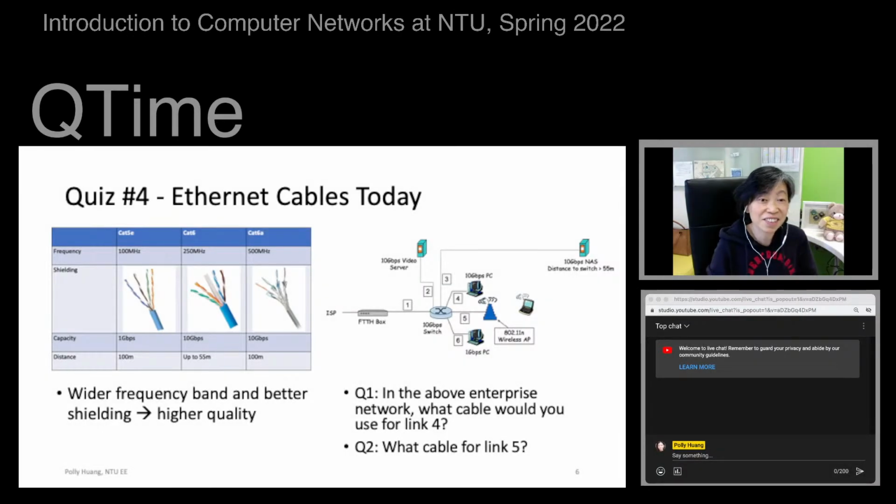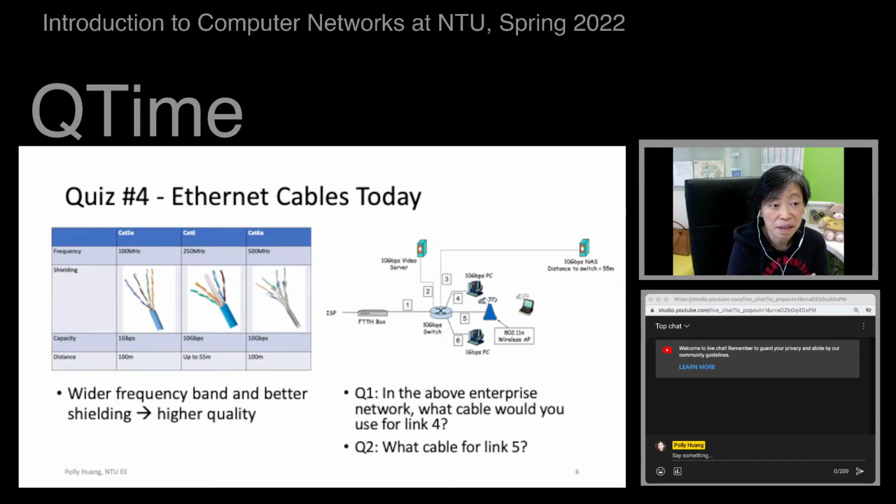Right, that takes us to quiz number 4. And this is about the twisted pair cable, the Ethernet cables. So what I'm drawing on quiz 4 here on the left are 3 generations of Ethernet cable. First is Cat 5e, and then Cat 6, and then Cat 6A. You probably guessed Cat stands for category.